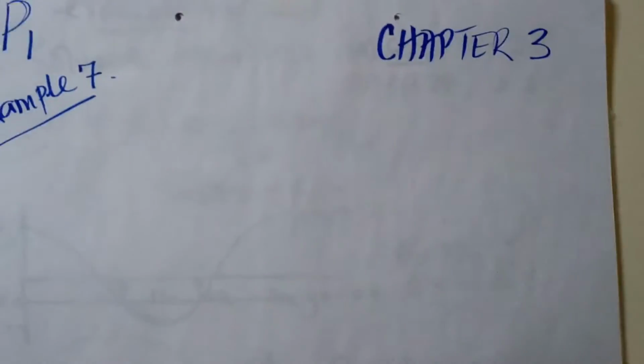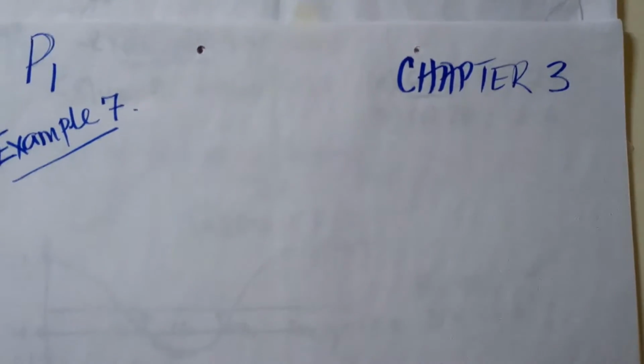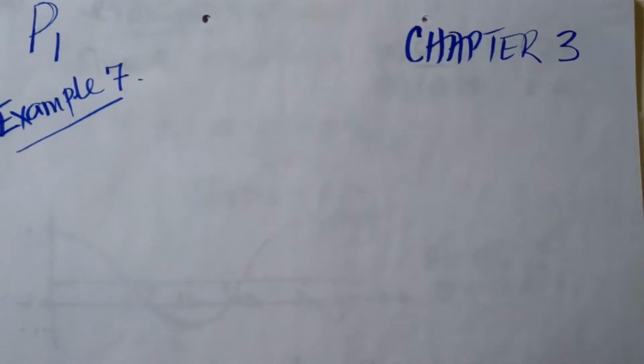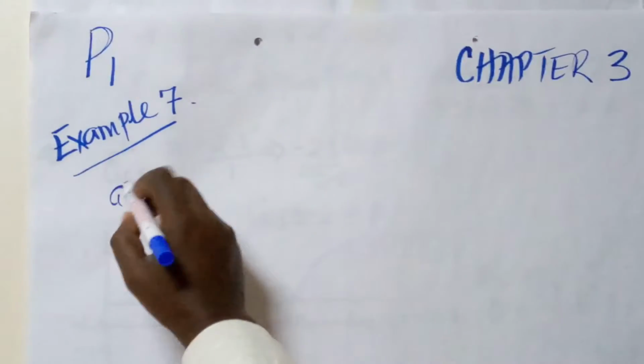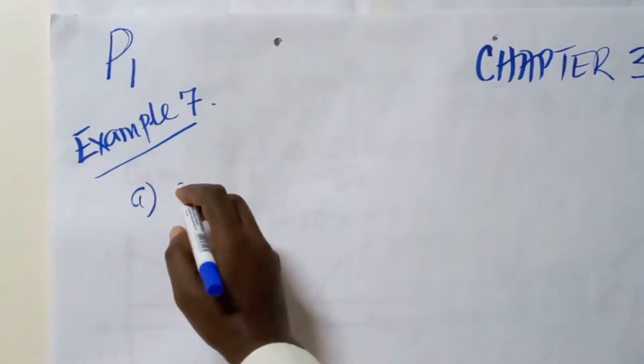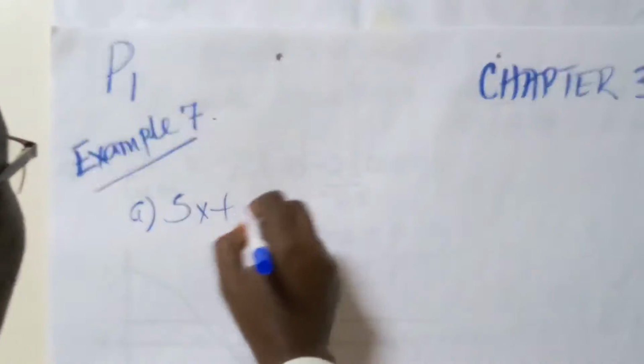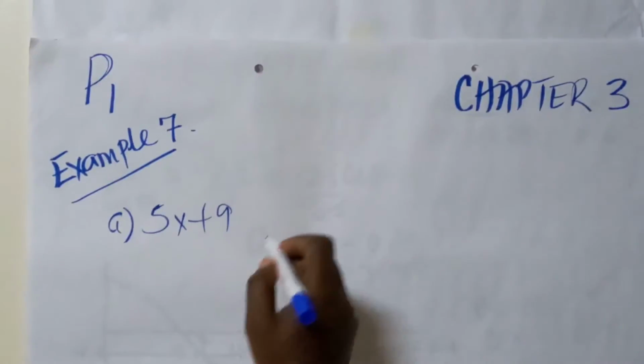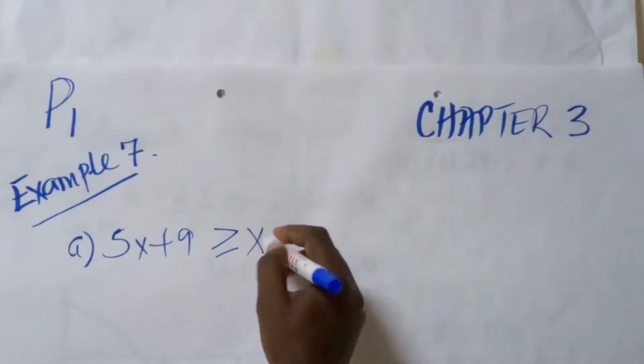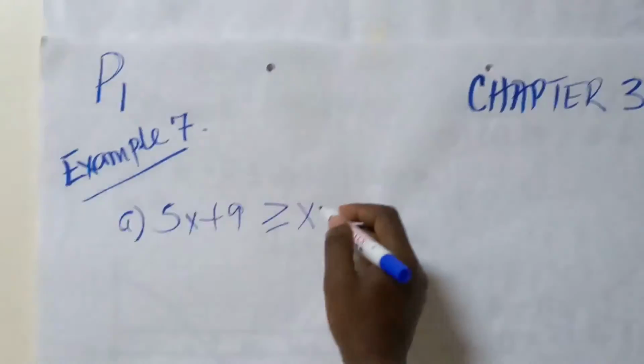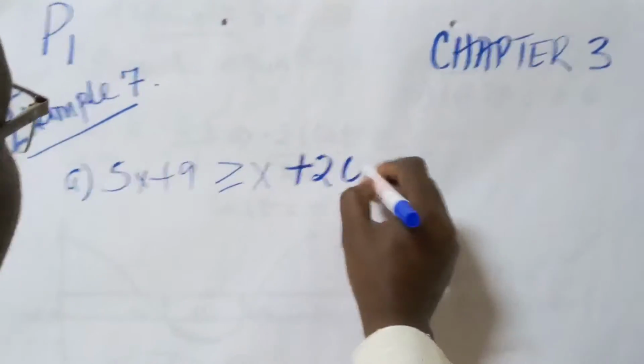And in example 7, you're supposed to find the set of values of x for which, for instance, part A of example 7, 5x plus 9 is greater than or equal to x plus 20.